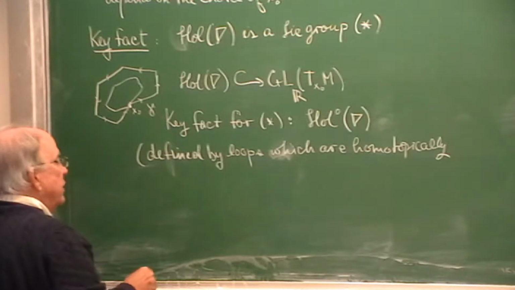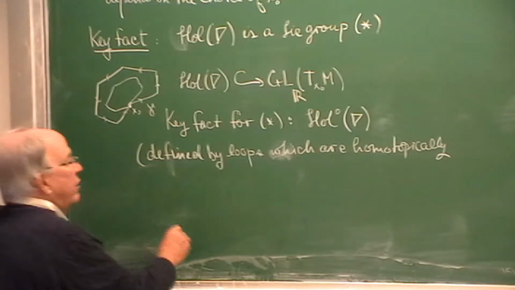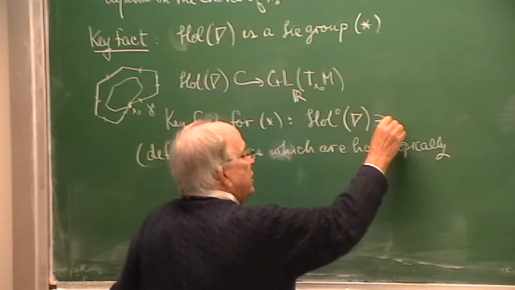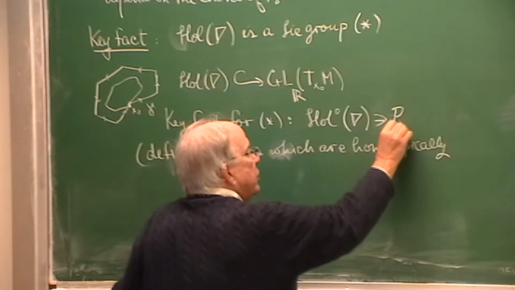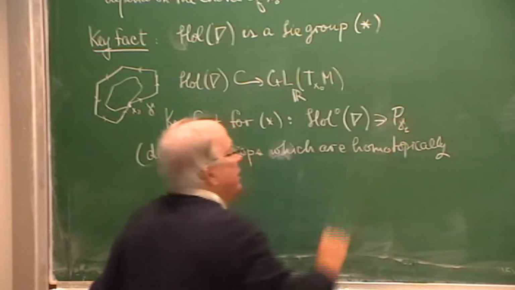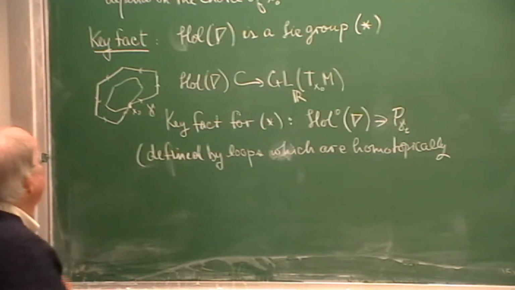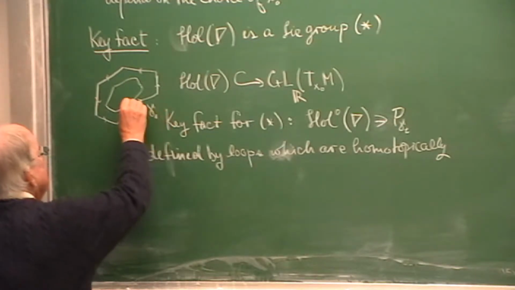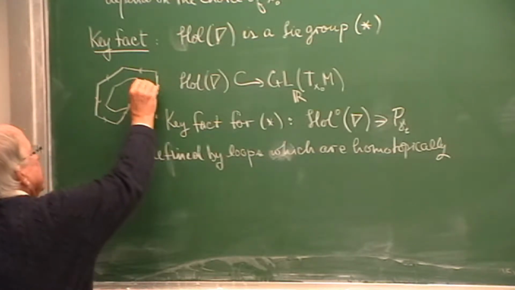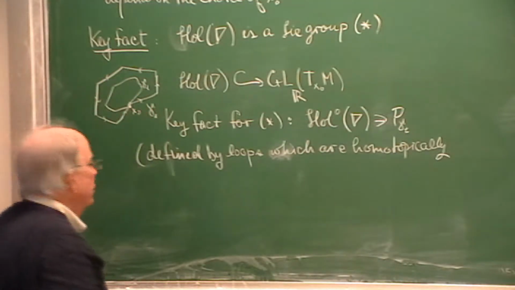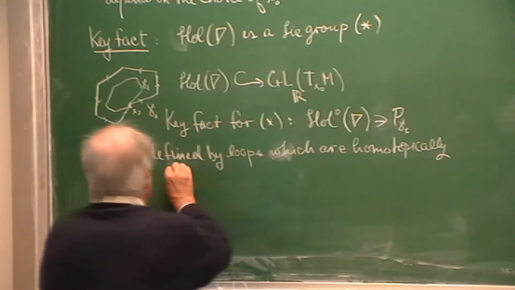The key thing is that if you have an element here, which yesterday I called parallel transport, say gamma t, which depends on t, here gamma 1 and gamma 0 is this thing, and in the middle you have gamma t, a curve of curves, which are homotopically trivial.